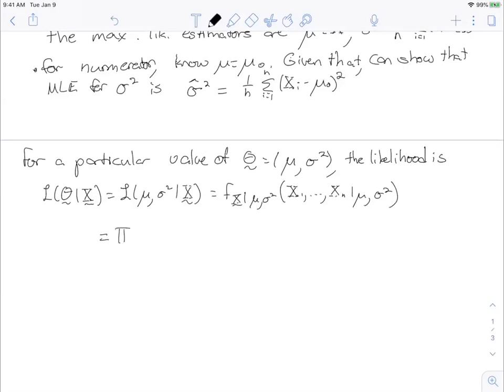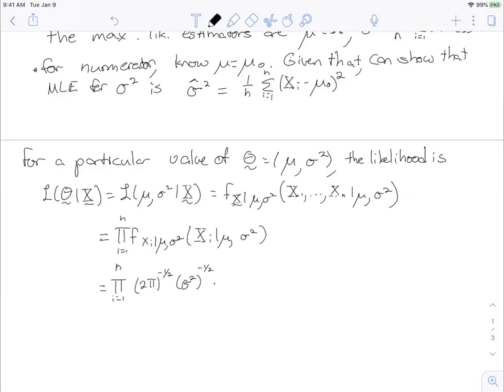And as usual, this is the product i equals 1 to n of f of xi. And then we just need to plug in the PDF for the normal distribution, which I'm going to write as 2 pi to the negative 1/2, and then sigma squared to the negative 1/2. This is usually written as 1 over square root of 2 pi sigma squared, but just for convenience in our next steps, I'm going to write it like this.